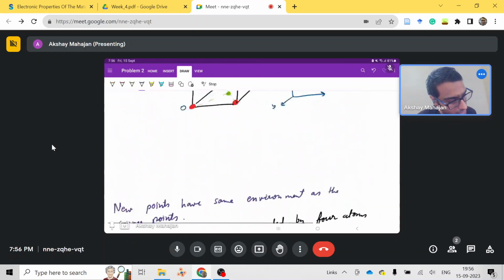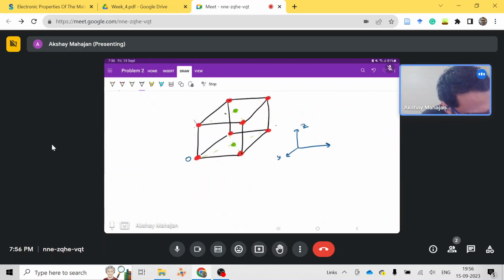So just to show you, let's say I extend it here. Let me draw the extension with blue. So this is my extended cube. I can extend my cube here, and I can extend my cube here.